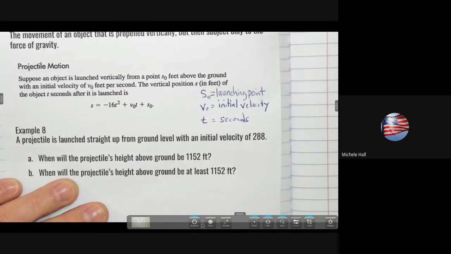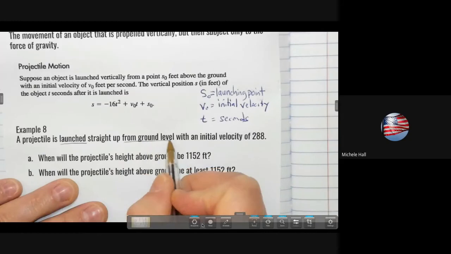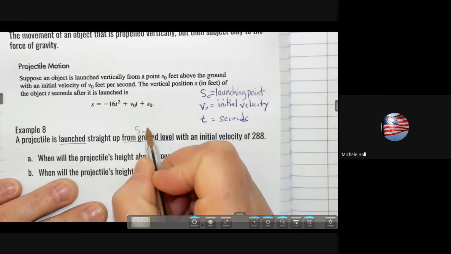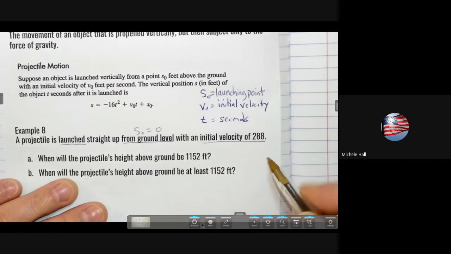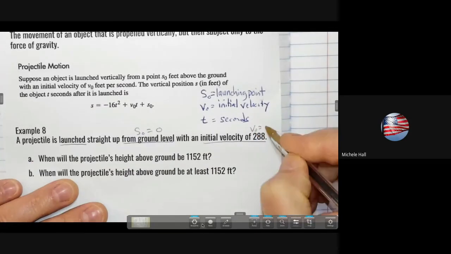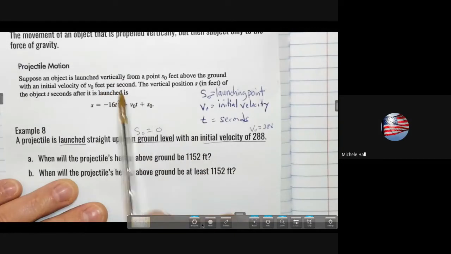That means that s of 0 would be 0, and v of 0 equals 288 feet per second.